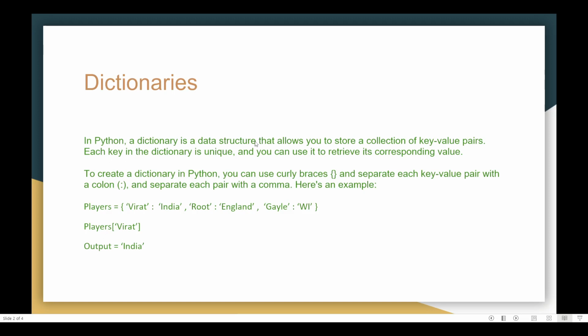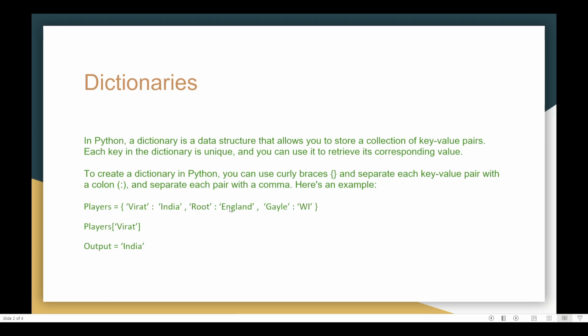So players is the variable and we have used the curly braces here. The first key is Virat and India here is the value. Similarly, we have separated the first key and value element with the comma.